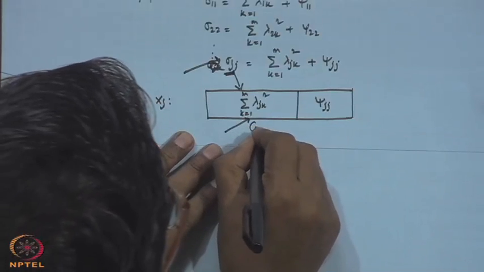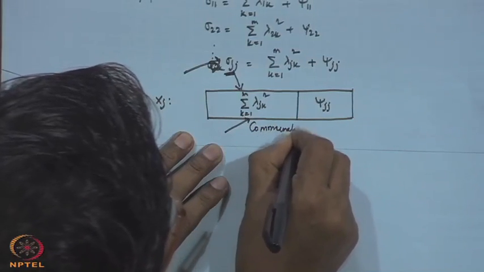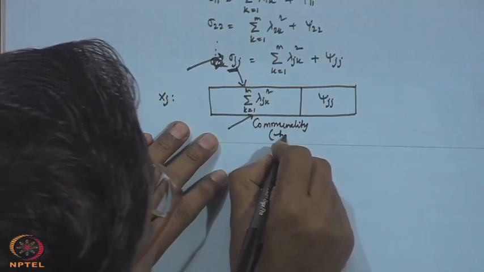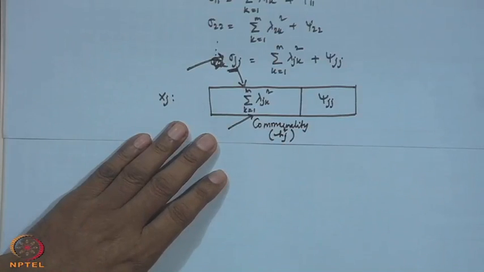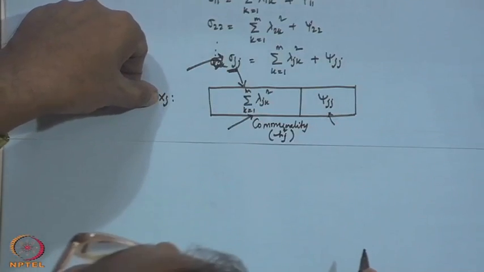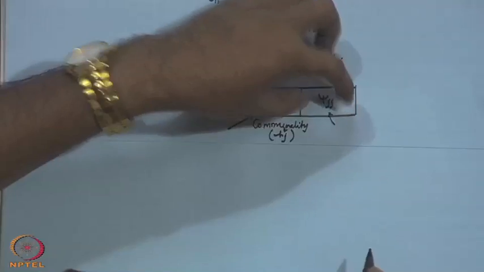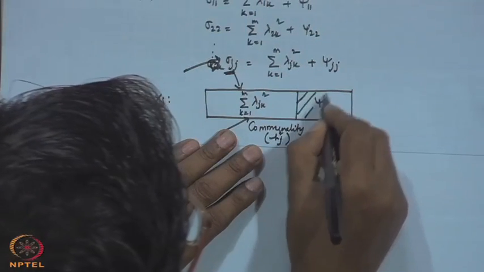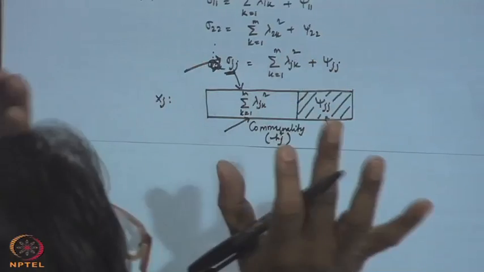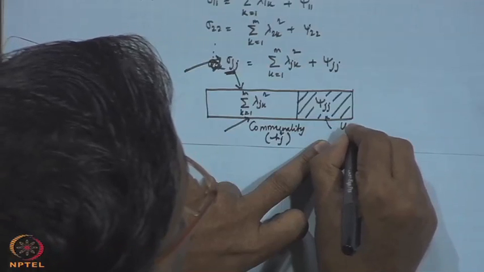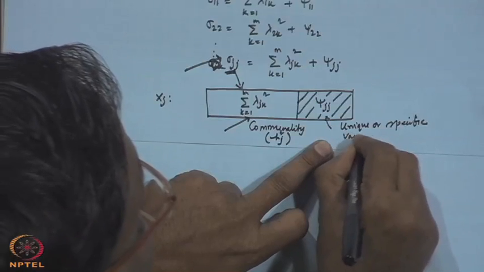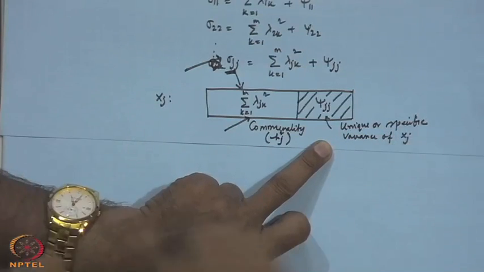That is why the first one is known as communality, and we denote it by h j square. This one is unique to xj. The common factors are not able to explain this much of variability. This is unexplained, while that is explained by the common factors. So we can say it is unique or specific variance of xj.